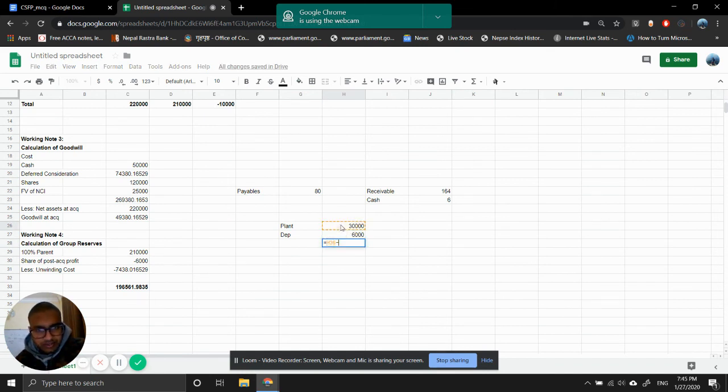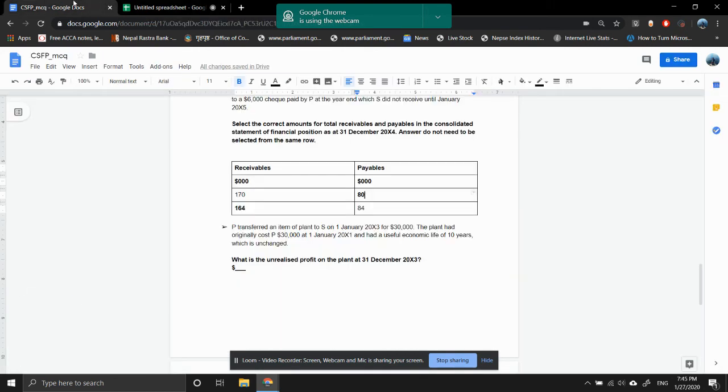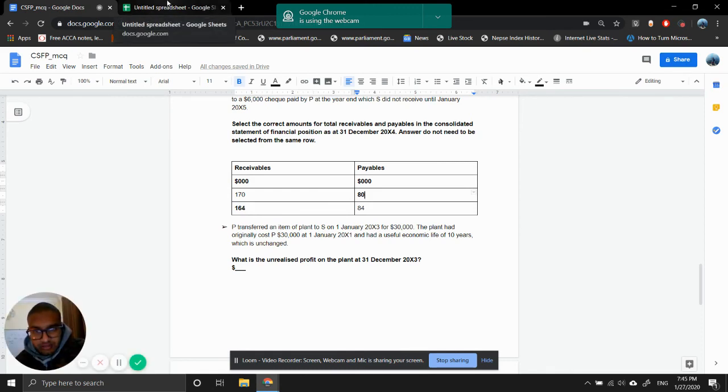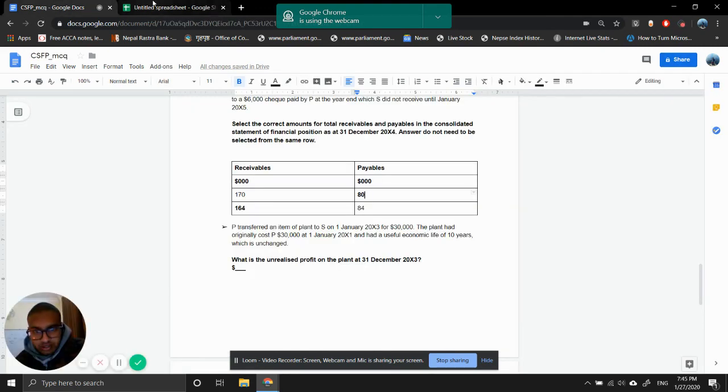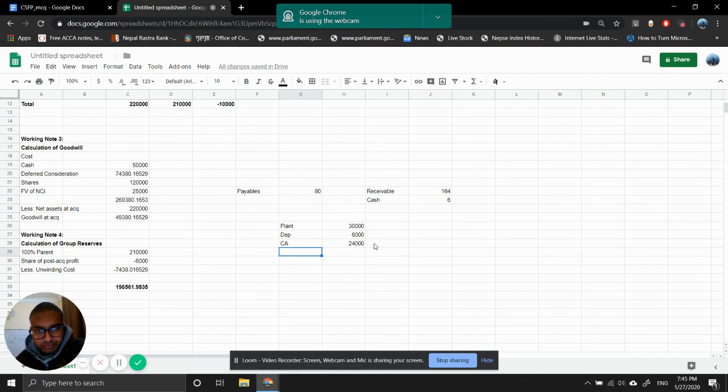So this minus this is what its carrying amount should have been, but its sales price is what it did sell for, transfer of an item for 30,000, right? So it sold it for 30,000.